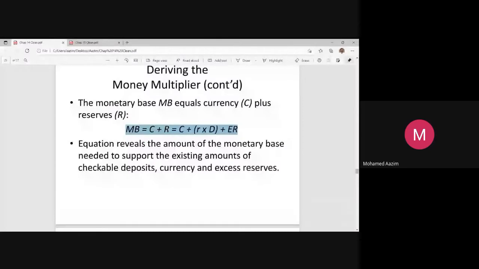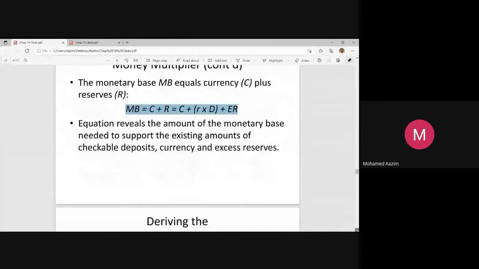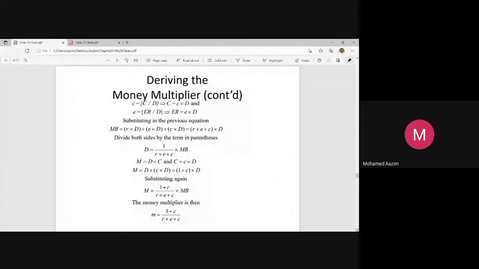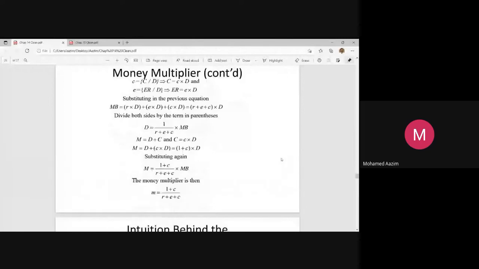So we are now going here to expand it to say that we are now looking at both C and R in their detail, the components embedded.